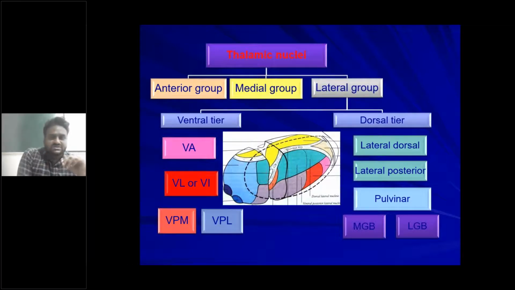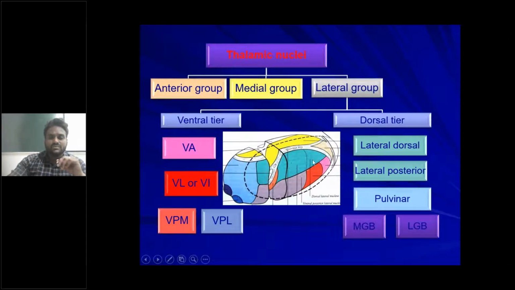You see here the arrangement of the nuclei, mainly three groups: anterior, medial, and lateral. These three groups are divided by this Y-shaped interthalamic medullary lamina. This is the white matter.